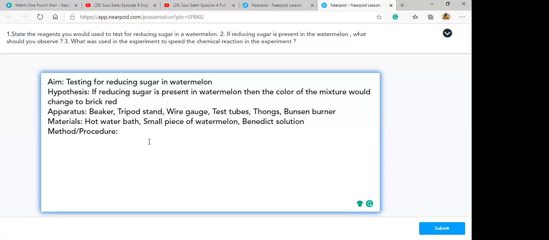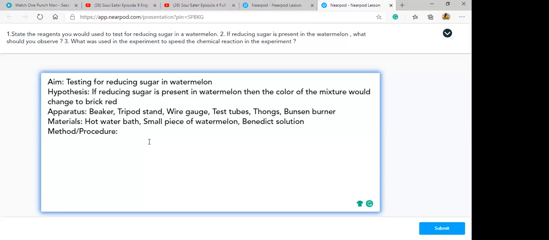The beaker, sorry. Sir, the little something where you put the Benedict and watermelon in, what is it again? Is it the beaker? Test tube. So they put the watermelon in the test tube. Then you put water in the beaker. Am I correct? Yeah, and heat it. You put it on the Bunsen burner.